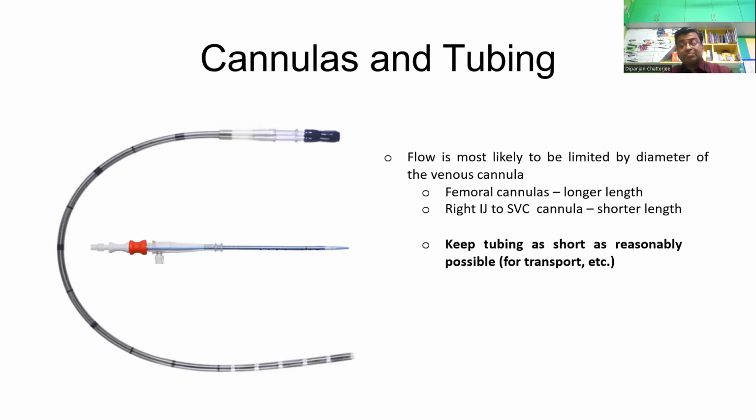Whereas, since you're giving back blood in a positive pressure, our return cannulas, which we are placing either in the jugular vein or in the arterial system through the femoral artery, can be a smaller length as well as a smaller diameter. And we try to keep the tubing of the circuit as small as possible to decrease the resistance as well as to decrease the hemodilution.